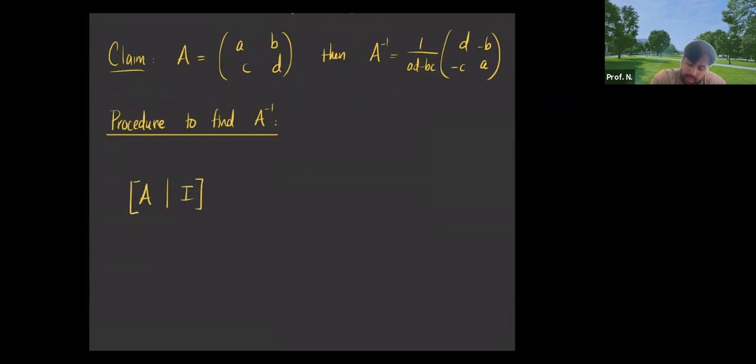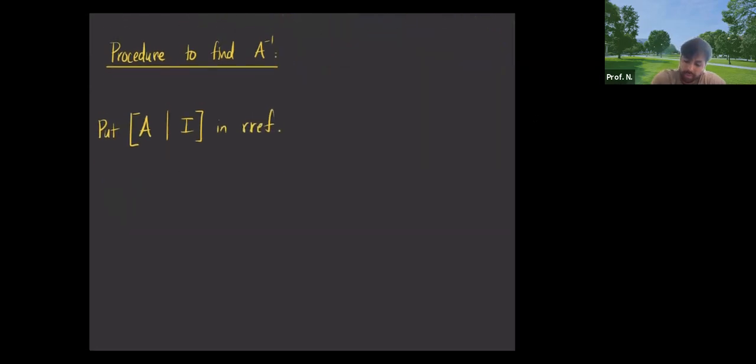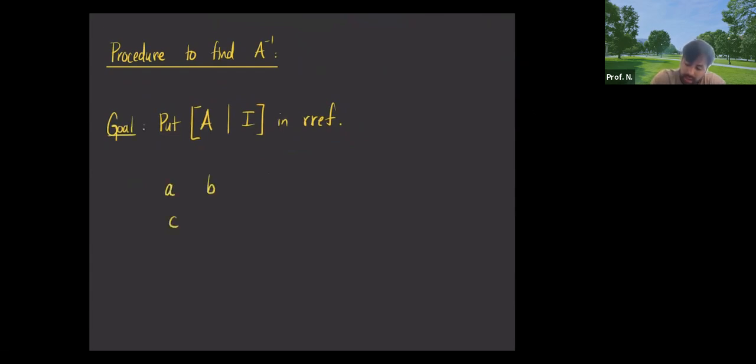The idea is put A and then augment it with I, then row reduce. So that's the goal. So then I'm going to do that. A, B, C, D, augmented with 1, 0, 0, 1. That's my first step.